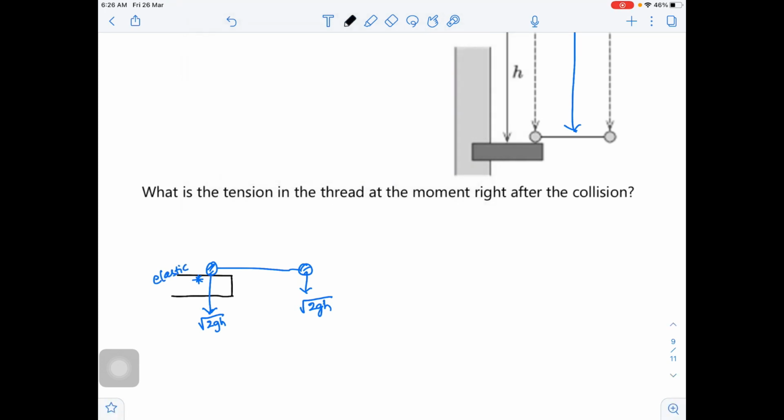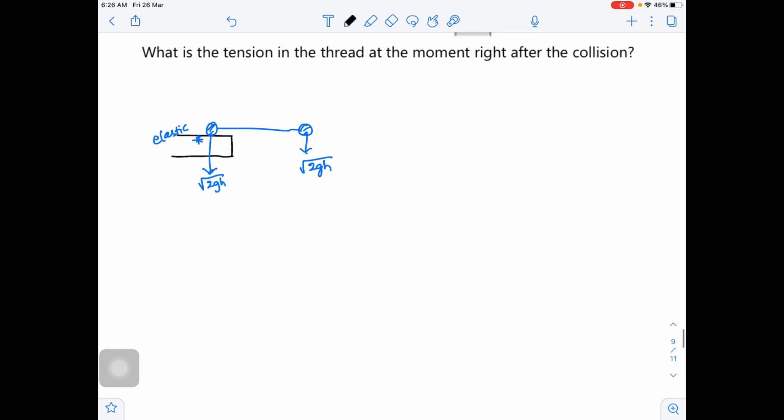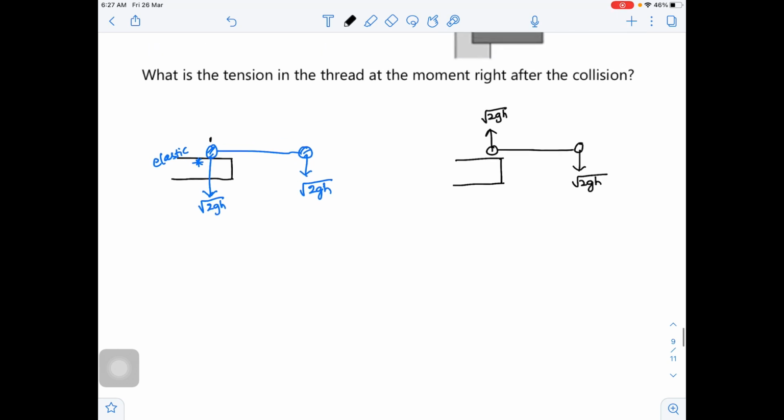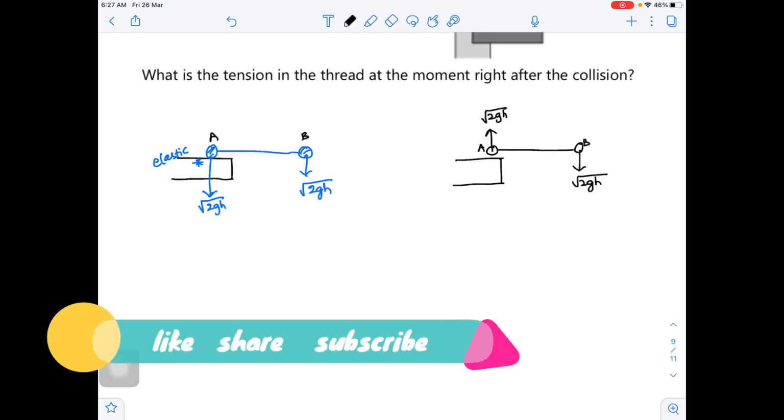As it is elastic collision, what happens to the velocity? Velocity will become root 2gh in the opposite direction. It will bounce with the same velocity. Just after collision, let us say this is A and B, so A's velocity will get reversed but B's velocity remains the same. Why?